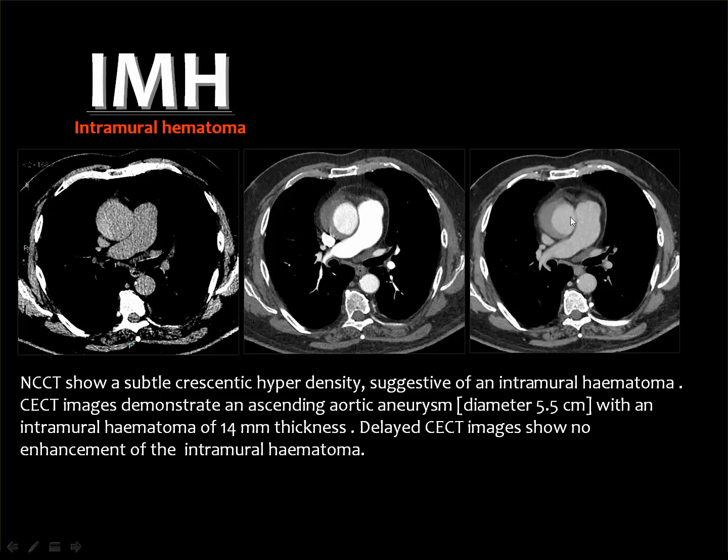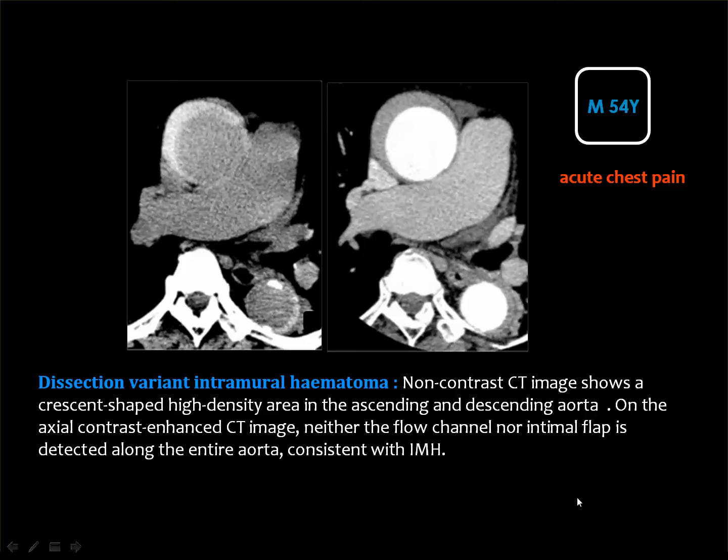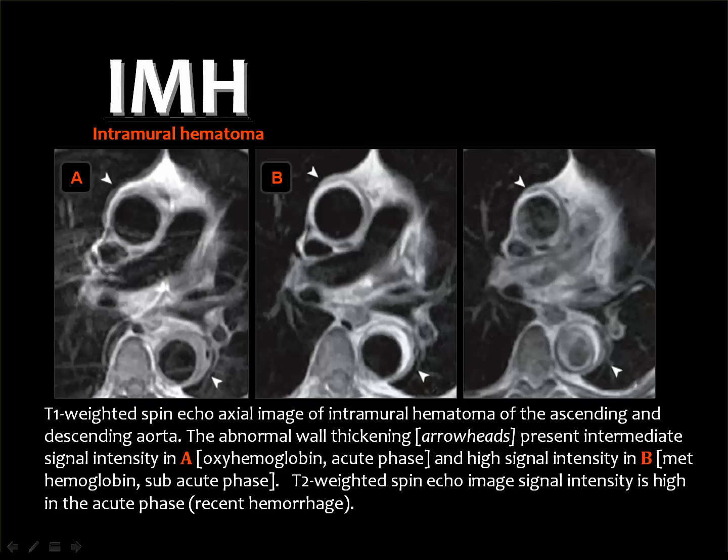And you remember that in cases of dissection, the false lumen will later fill with contrast material. This example you have seen before. You see the hyperdense hematoma in the ascending and descending aorta, which is clearly identified in the pre-contrast images.